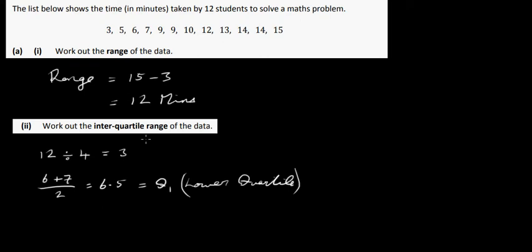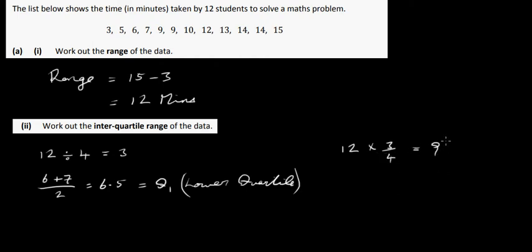Okay, so let's take 12 and we've divided by 4. What we want to do is get 3/4 of 12. We want to come up along here 3/4 of the way along. So 3/4 of 12, well, that's going to be 9.